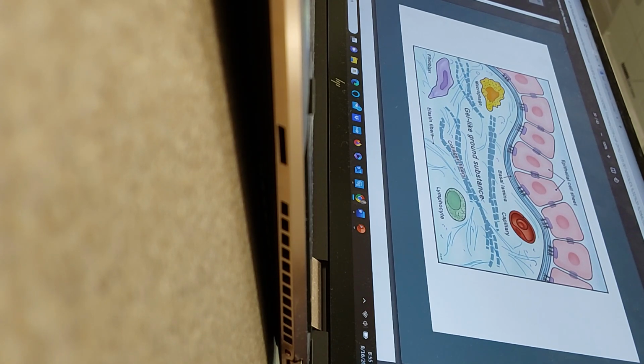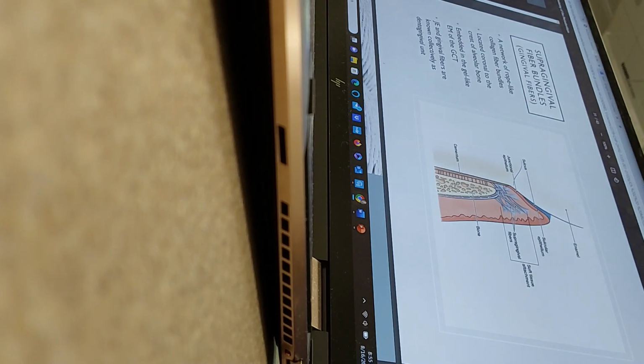All right, here's some fiber bundles that help connect the gingival connective tissue to the other structures. A network of rope-like collagen fiber bundles is located coronal to the crest of the alveolar bone. So we're going to talk about two different types of fiber groups. This is the supragingival fiber bundles, meaning it's at the gingival crest, at the alveolar crest.